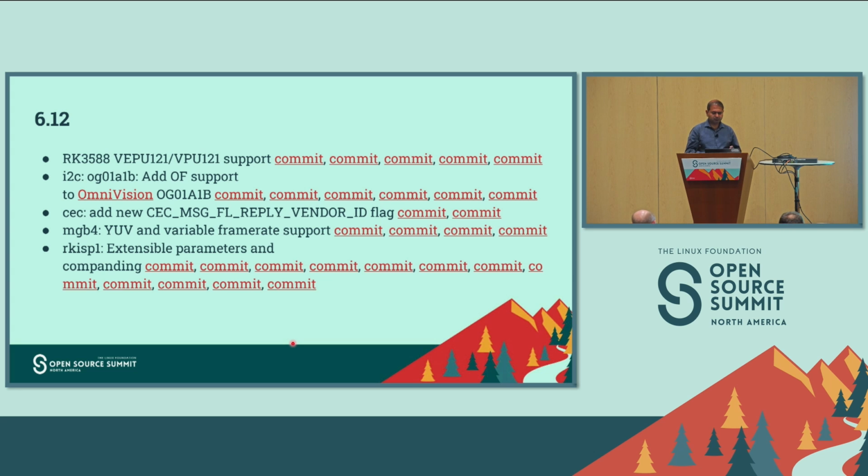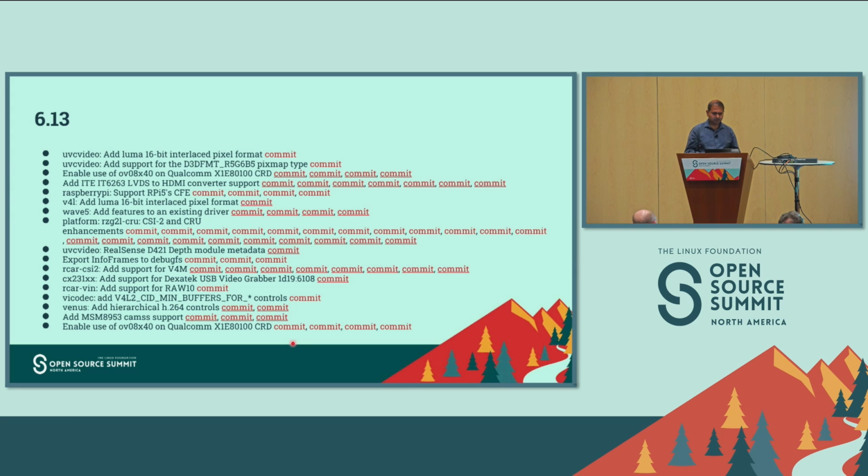I think a couple of improvements to OmniVision drivers, some CEC changes, and more extensible parameters to Rockchip's ISP. 6.13 has some changes to UVC, and then a bunch of different ISPs have seen some extra support getting added. New ISPs also getting onboarded, like the MSM8953.